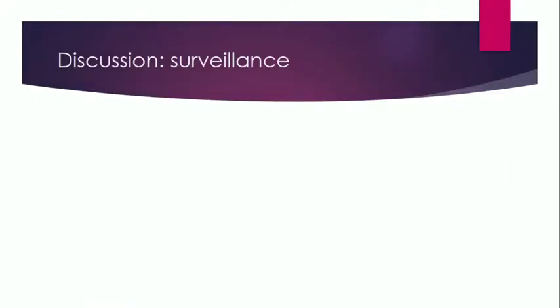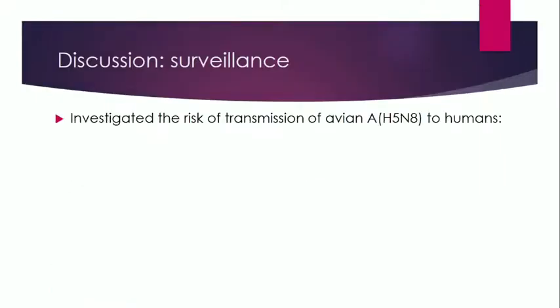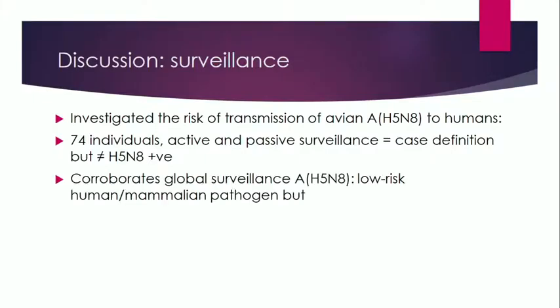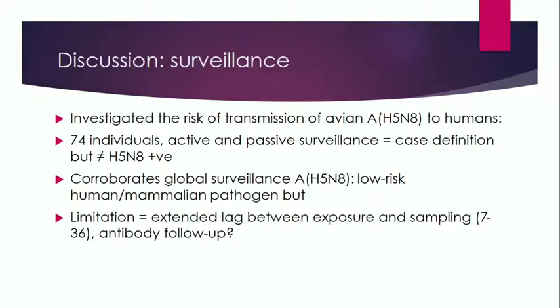Okay, so just to give a bit of discussion and surveillance, we investigated the risk of transmission of H5N8 to humans. 74 individuals were identified by active and passive surveillance, but none of them were found to be infected. We therefore corroborated global surveillance efforts suggesting that this virus is a low-risk pathogen.